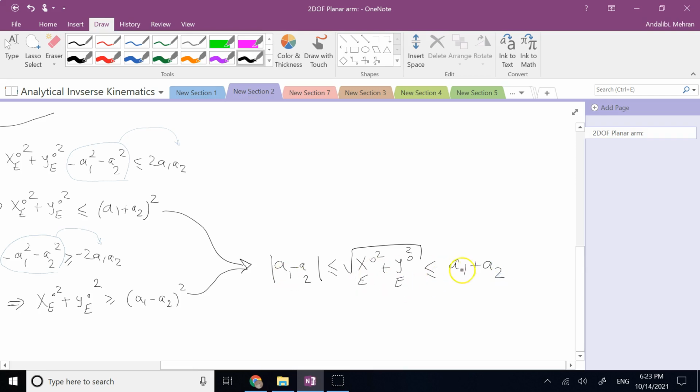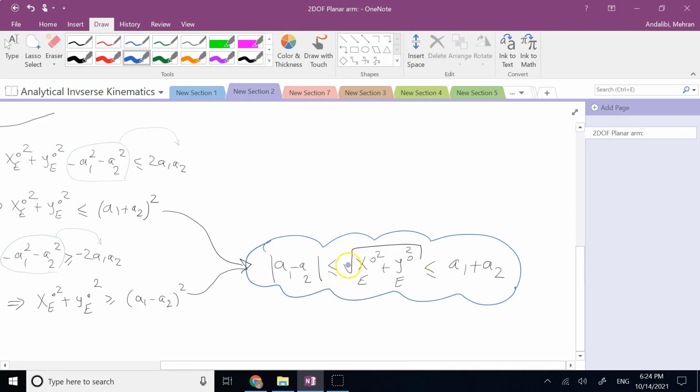So this is the condition for having a solution. Now, if the equality holds, either this one or that one, it means you are on the boundary, so there is one solution. If the inequality holds, then you have two solutions. If it's outside the range, then there is no solution, correct?